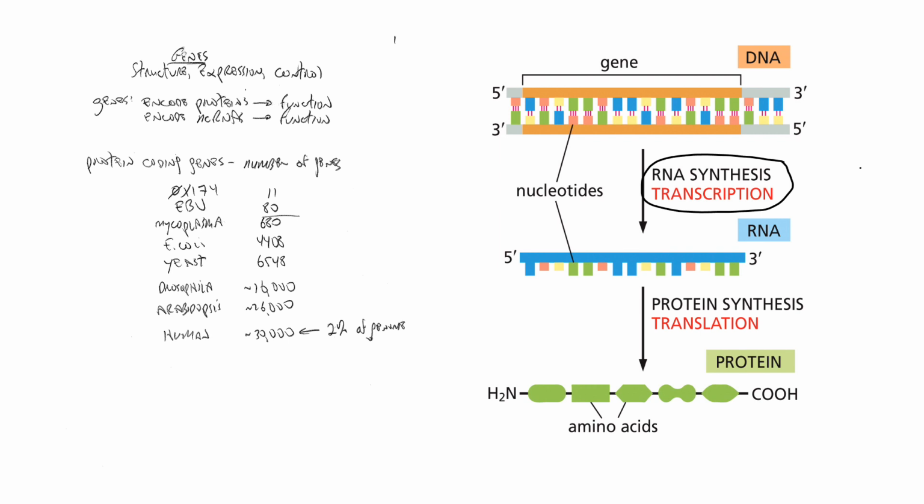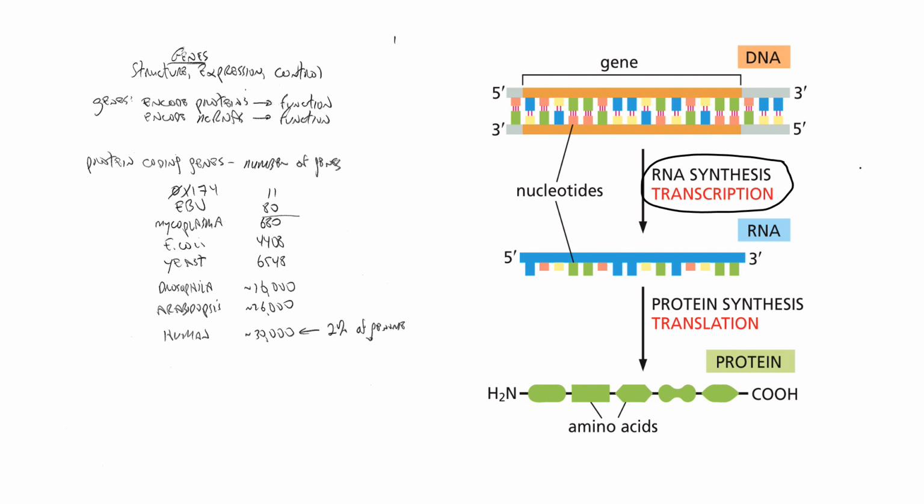and then produce more virus. Epstein-Barr virus is a human herpes virus. This is actually the virus that causes infectious mononucleosis. It also is related to some cancers. And there's 80 genes, so it's a much bigger virus. The Mycoplasma is kind of the smallest free-living organism that we're aware of, and they have 680 genes.